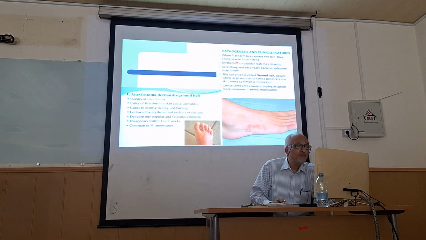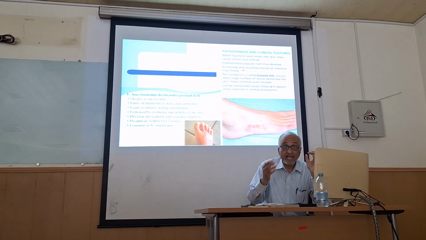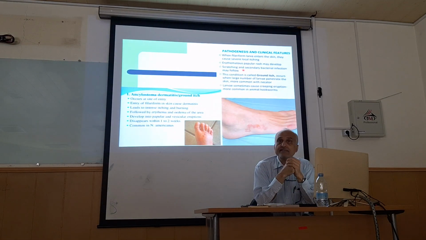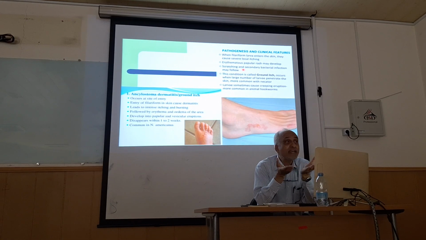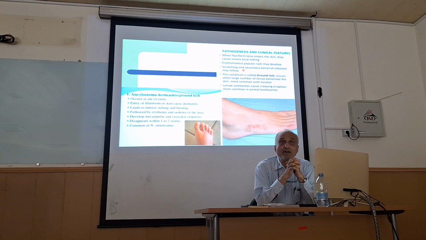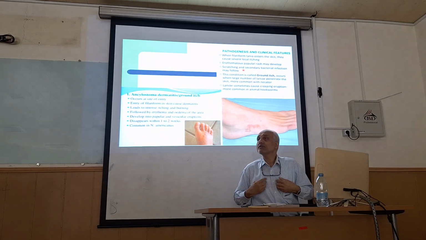Pathogenesis: when filariform larvae enter the skin, they cause severe local itching, and an erythematous, papular rash may develop. Scratching can lead to secondary bacterial infection, because you are in a dirty place, you are barefoot, and the bacteria are plentiful, along with fungal material or something like that.